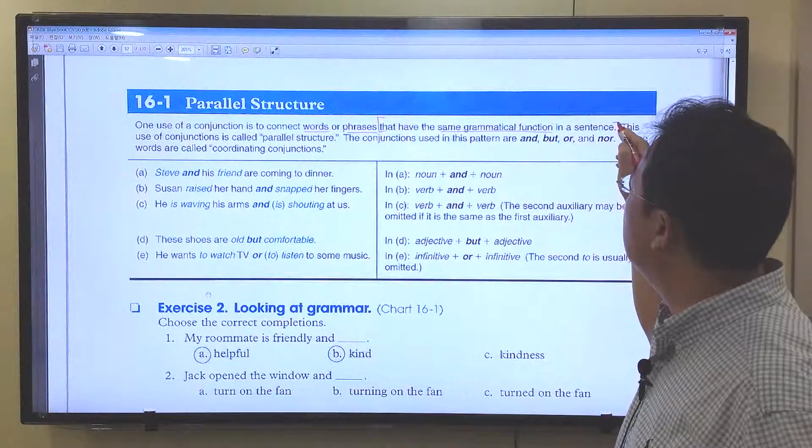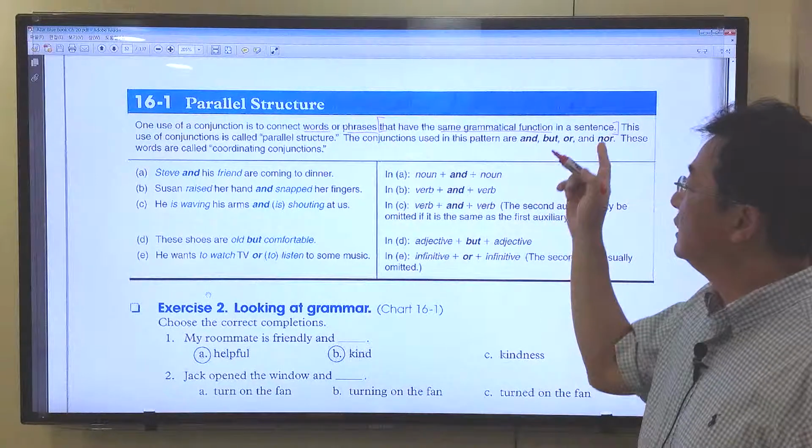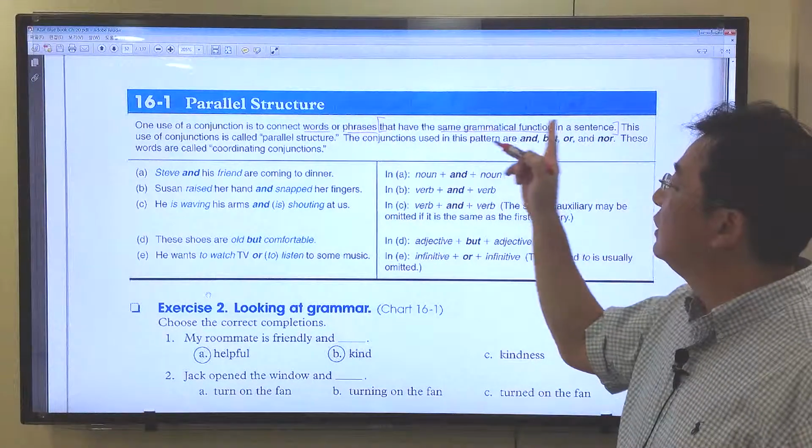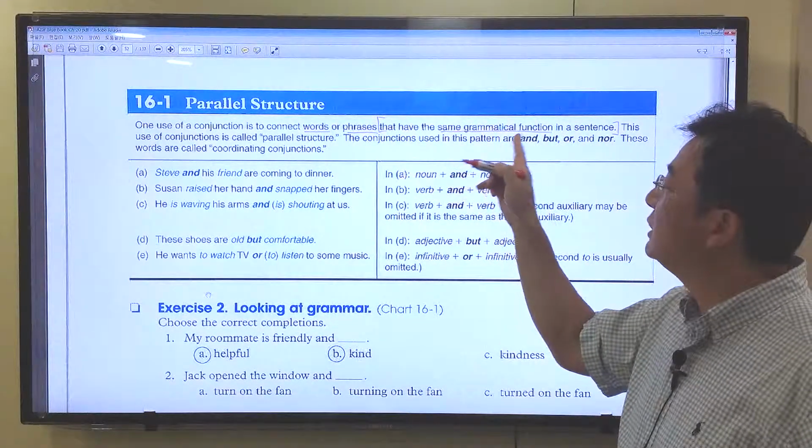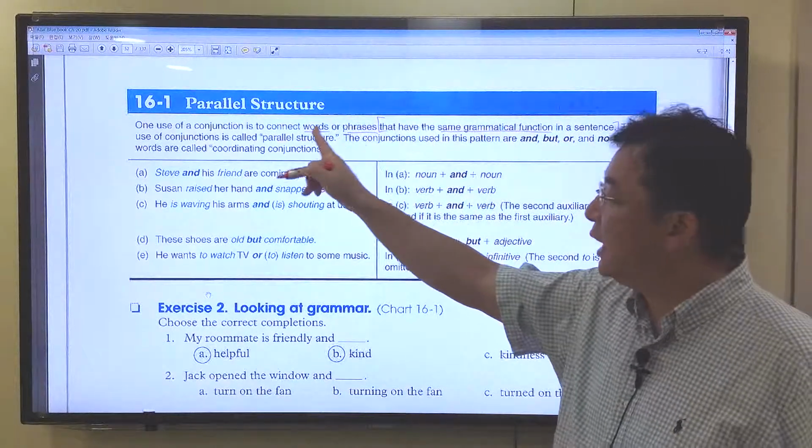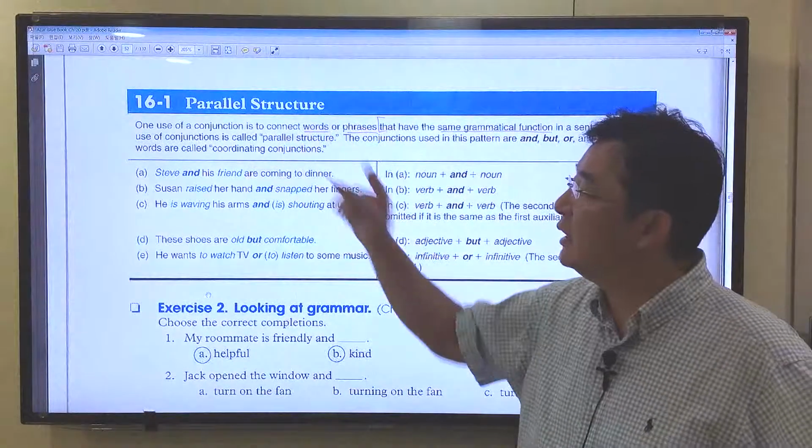Have the same grammatical function in a sentence. 문장에서 같은 문법적 기능을 하는 단어나 구를 연결하는 데 있답니다.